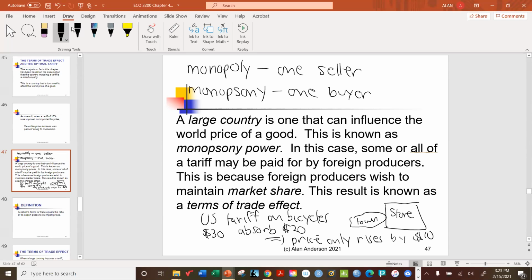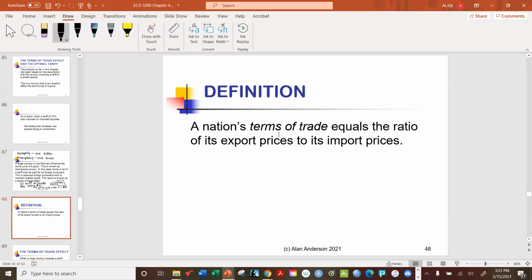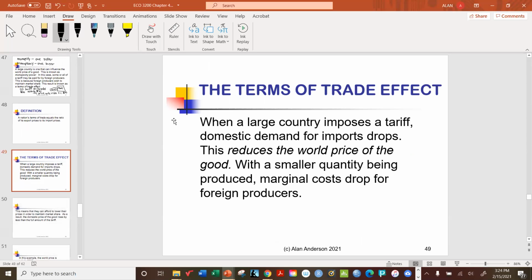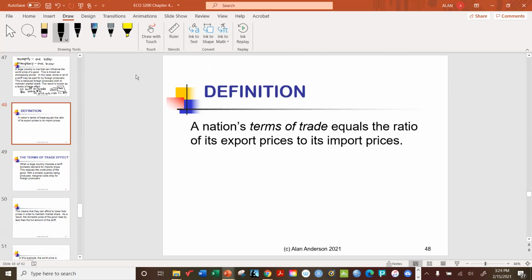And yet the domestic producers are still gaining, but there's less impact on the consumers. So we're going to see a separate case for when this actually happens. And before we do that, though, we need to introduce this very important definition here.